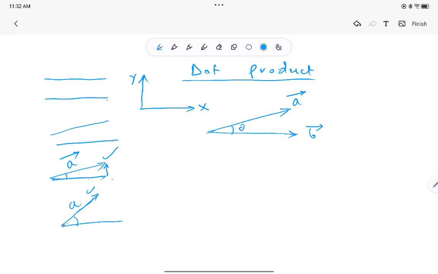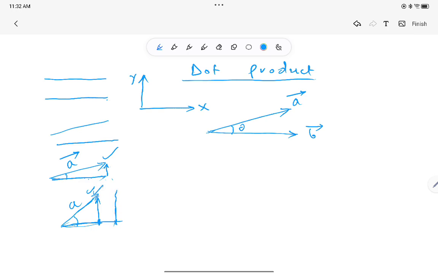Now, because of this increase in its verticality, its x component will be here, from this point to this point. Then the y component will be this. How do I know this is the x component? Why not this one? Because if I go from this point to this point and then turn and travel, I will never reach this point.